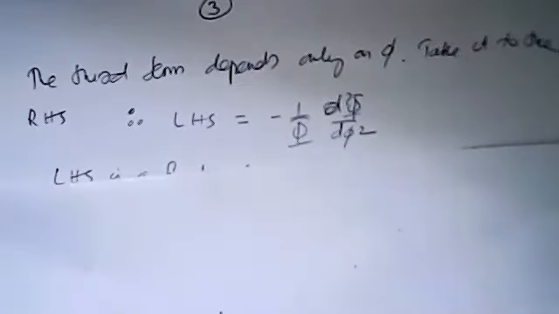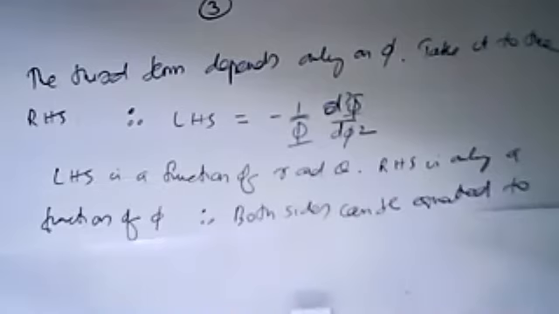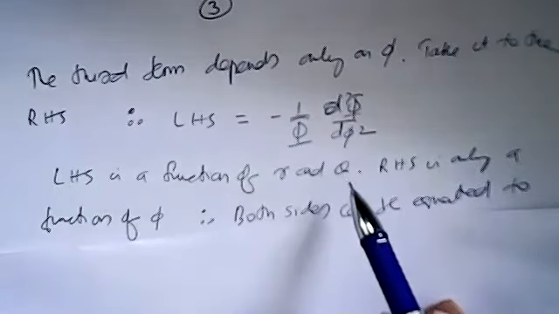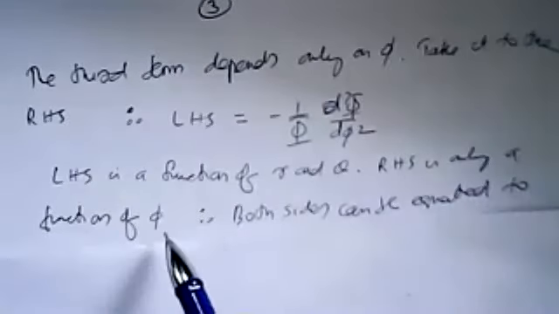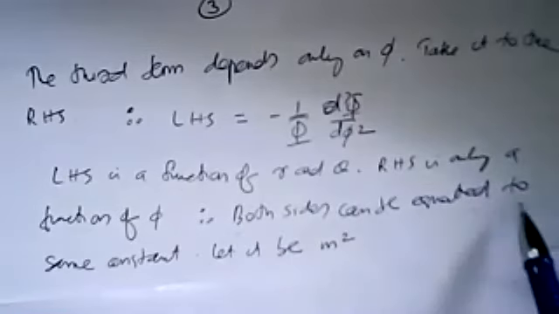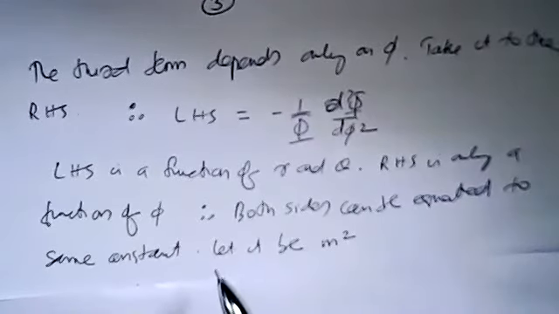LHS you have only R and theta, RHS you have only phi, so both sides depend on different variables. Then you can equate both sides to the same constant. That is a mathematical truth.